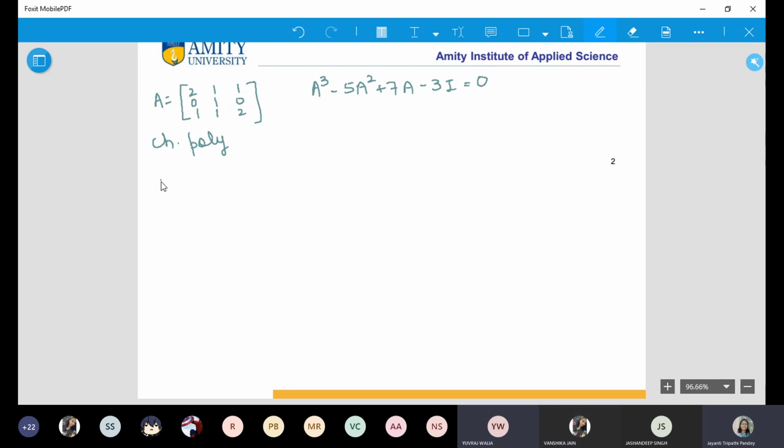And the expression that you have: A to the power 8 minus 5A to the power 7 plus 7A to the power 6 minus 3A to the power 5 minus 5A cube plus 8A square minus 2A plus I. This you have to calculate.